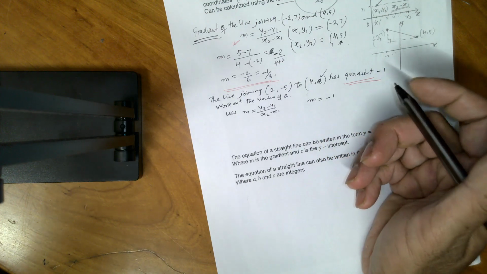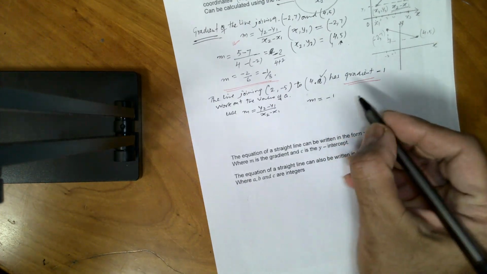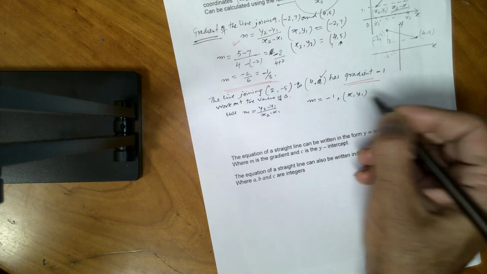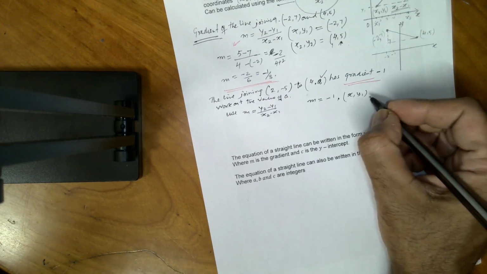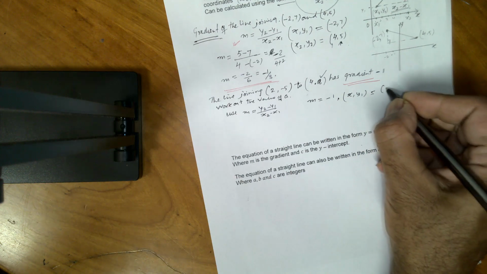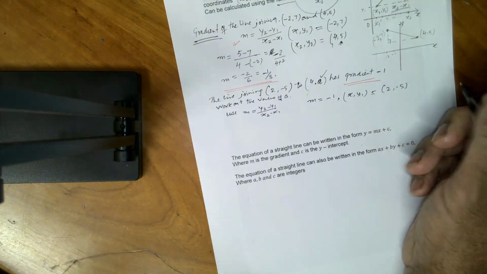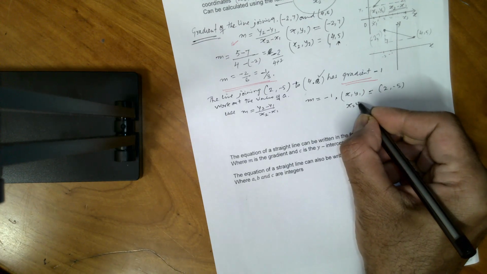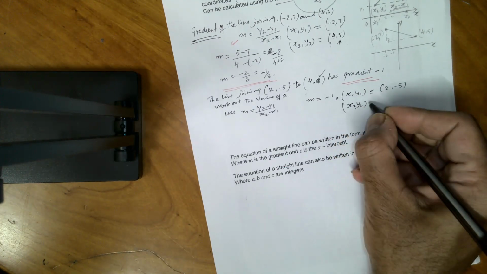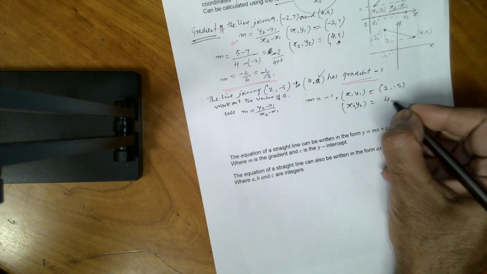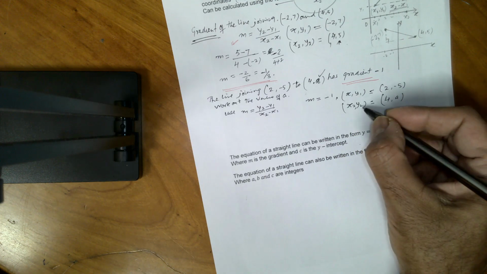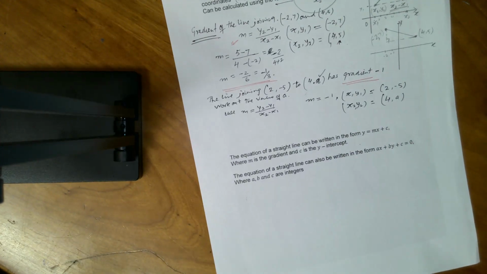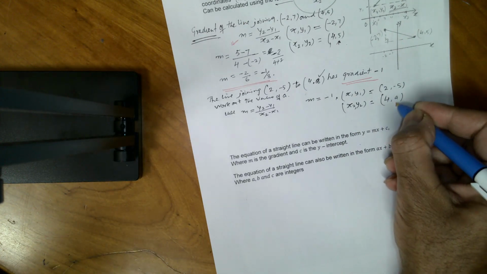Then what else is given to you? It says x1, y1, we can say that as well, that is equal to 2 and -5, correct? What else? x2 and y2, what has been given? 4, but the y2 is A. You got it? So at least you know now, y2 is not given.